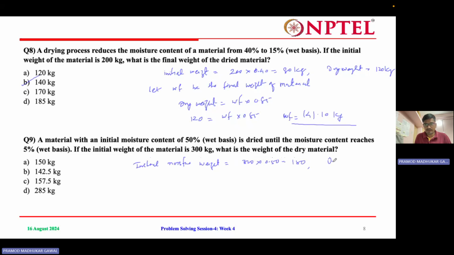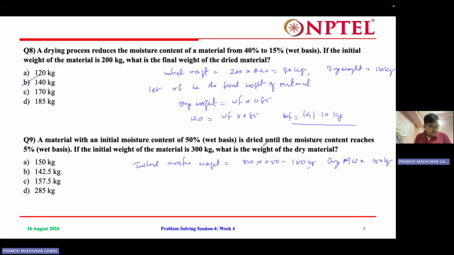So the dry weight of the material is 150 kg. Here the unit is kg, right?